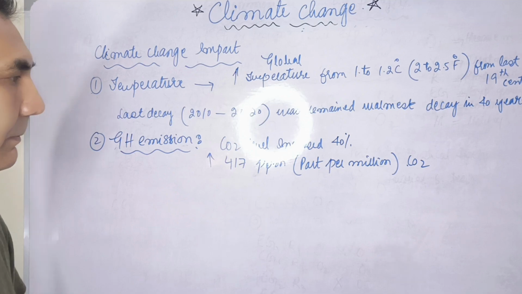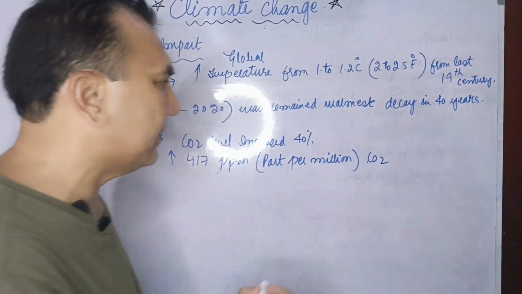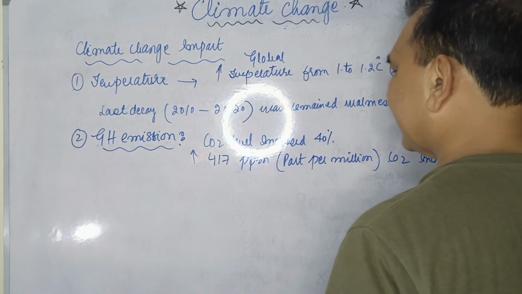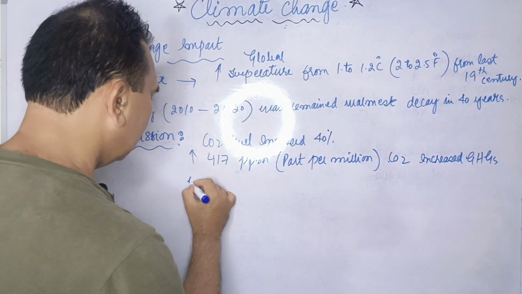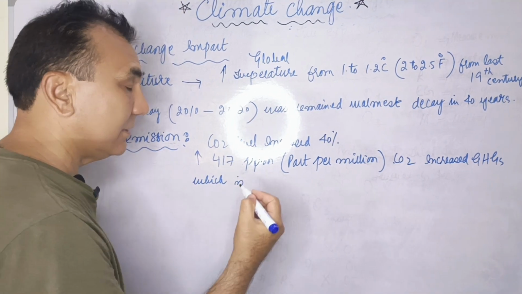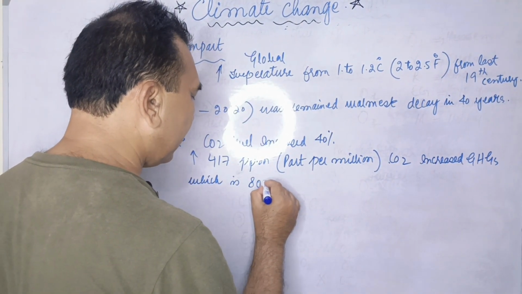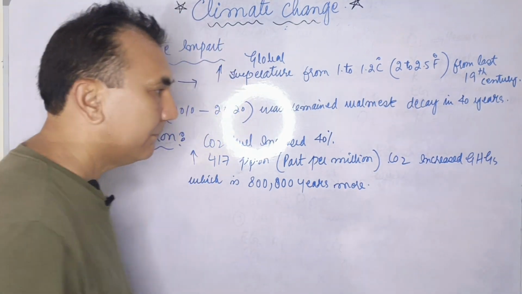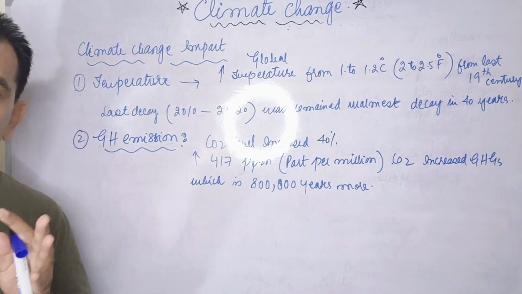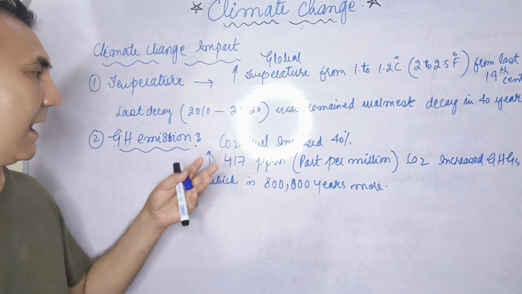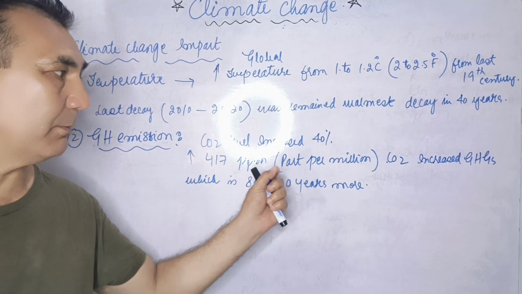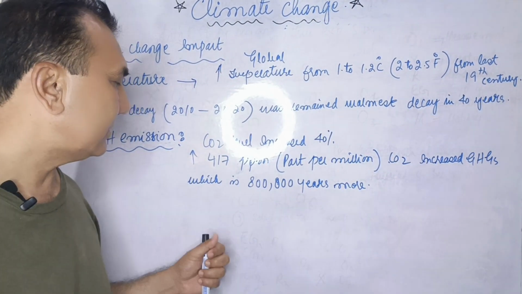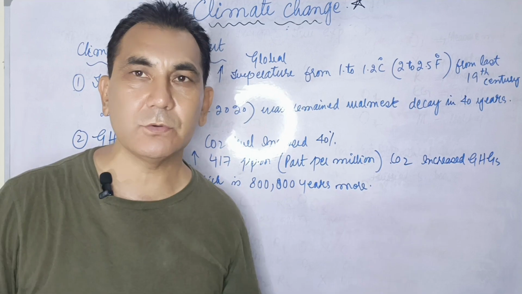The 417 ppm, parts per million, of carbon dioxide gas level has increased in the greenhouse gases, which scientists say is higher than in the last 800,000 years. That means the 40% increase in carbon dioxide emission and 417 ppm is more than in 800,000 years.